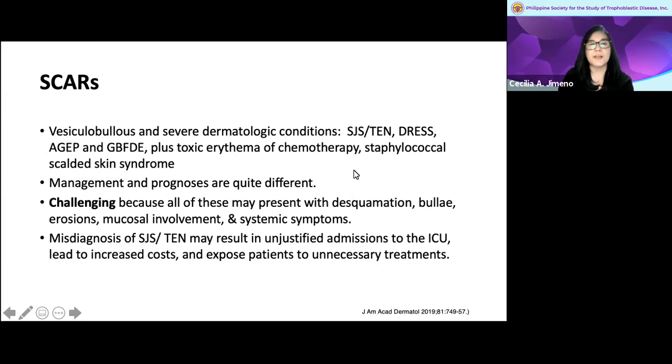typically. Staphylococcal scalded skin syndrome looks the same as the other SCARs, but thankfully this SSSS happens mostly in children because adults already have antibodies to the toxin of the staphylococcus.